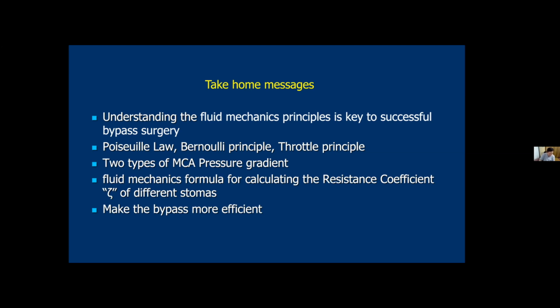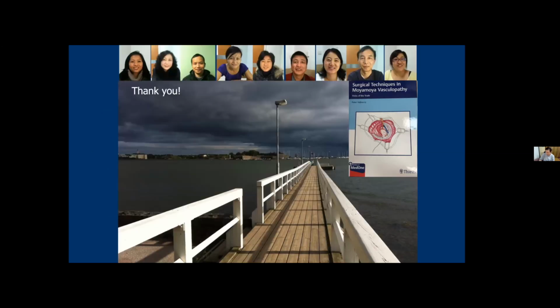And we can make the bypass more efficient if we choose the right position of the recipient artery with more bifurcations. Actually, it can drain more blood flow into the brain. Okay, thank you.